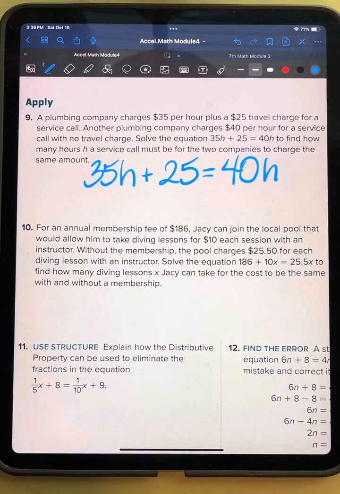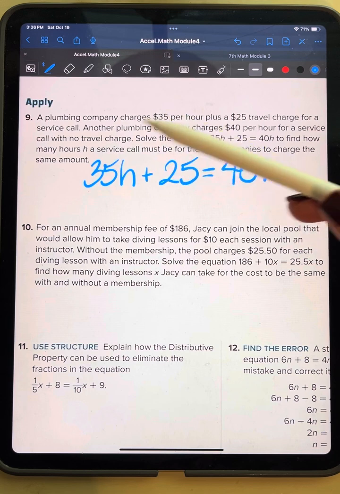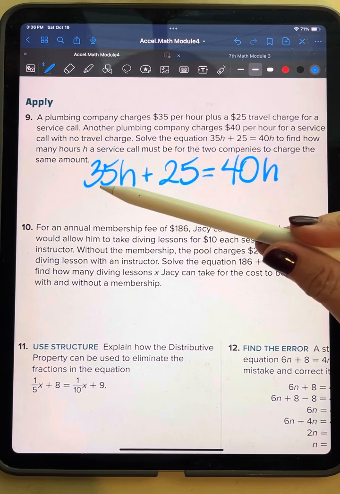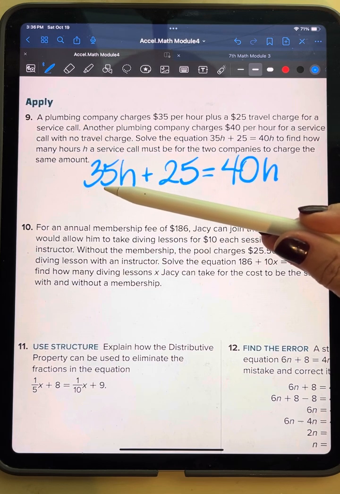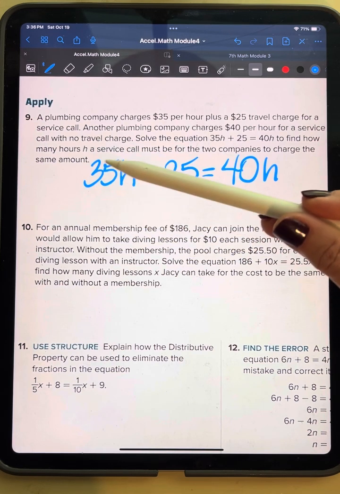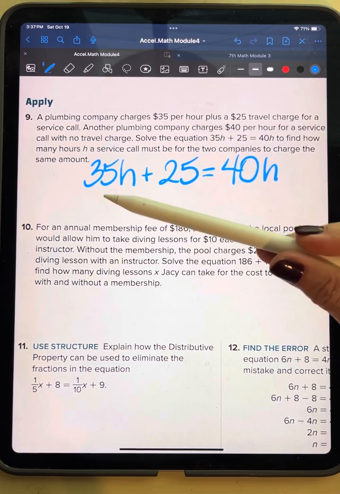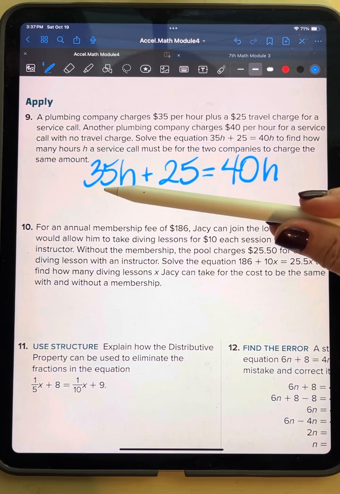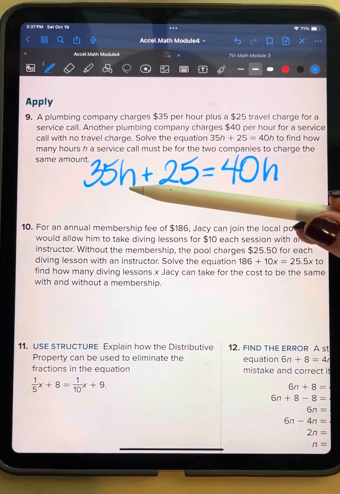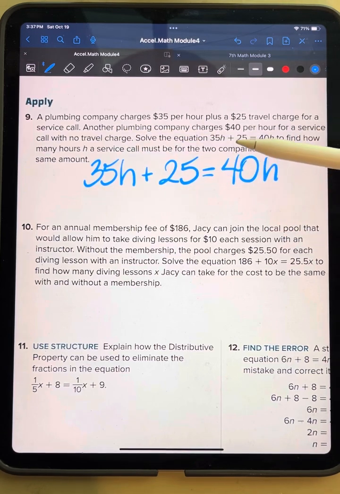Also recall that when we have a coefficient with a variable, those are being multiplied, because in one fashion or another, this coefficient 35 is an amount that is getting repeated. In this case, it's being repeated per hour, or every hour. So doesn't it make sense that when you multiply the cost per hour times the number of hours, you would get the total amount they would be charging for the number of hours they were at the house repairing the plumbing?